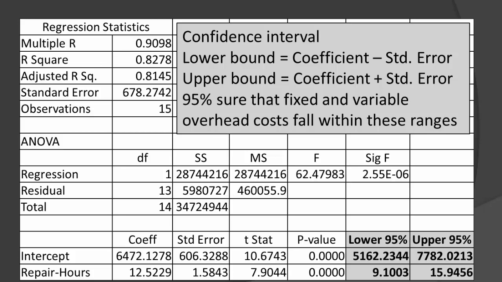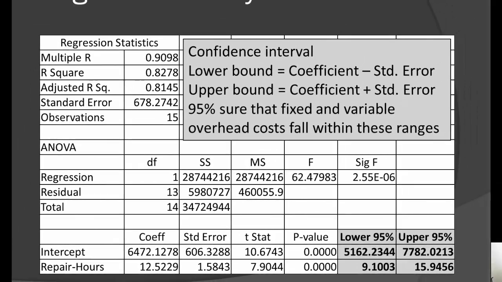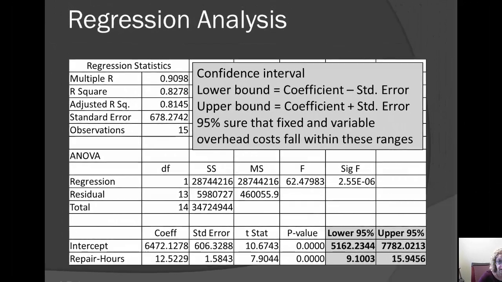In this case, it's showing us the range for which we can be 95% confident that the true value is within that range. This confidence interval is very small, and because of that, we feel pretty confident about our coefficients.